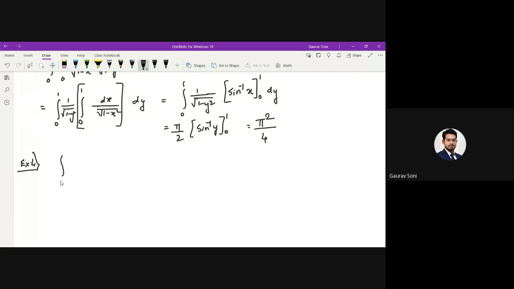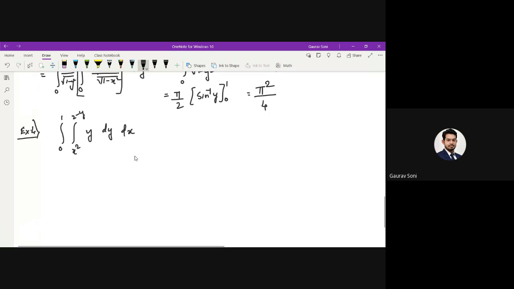Integration 0 to 1, other integration is x square to 2 minus y, dy dx. You can solve it later. I will go to the limits part just to help you understand how we are doing this.